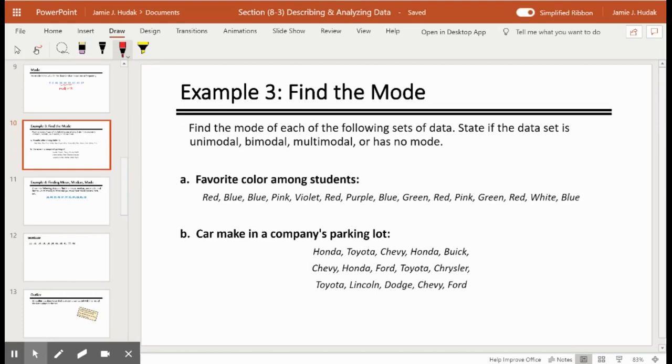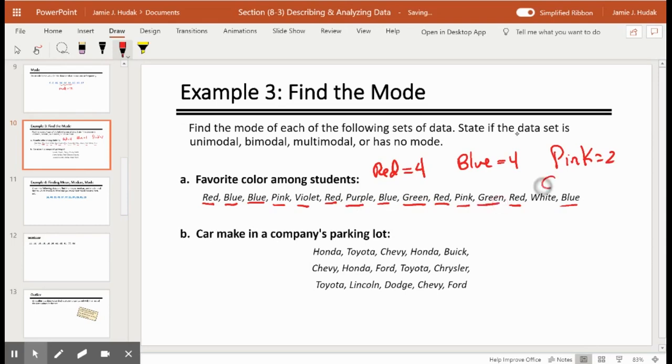Example A is talking about favorite color among students. And if we go through the list and count how many times each data point shows up, red shows up 4 times, blue shows up 1, 2, 3, 4 times, pink shows up 2 times, violet is once, purple is once, green is 2 times, and white is once.